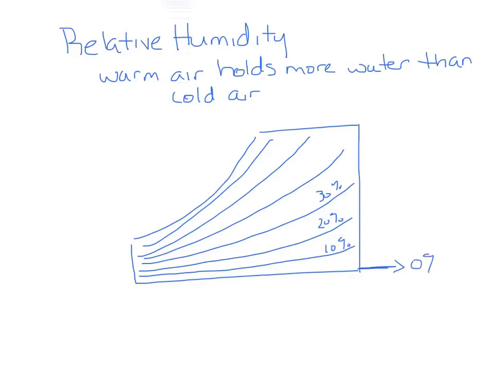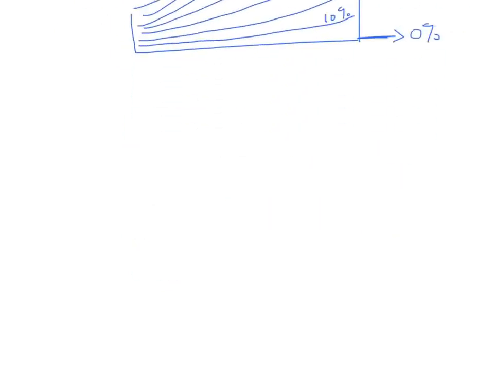Zero humidity is the dry bulb scale down at the bottom, and 100% humidity is up at the saturation line here. Relative humidity is a percentage, so 70% relative humidity means that the air contains 70% of the water it can hold at that temperature. So let's move this out of the way and talk about absolute humidity.